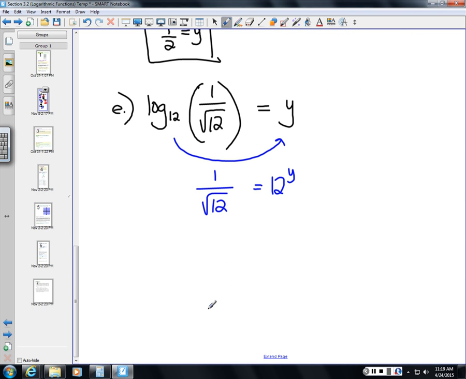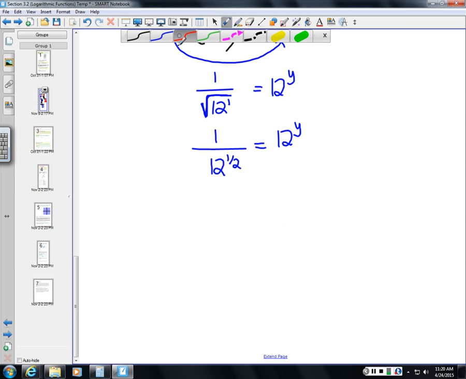Okay, so again, we have a radical. First thing we have to do is take that out of radical form and put it into exponential form. So we know from the previous example that if we have a square root, since that's 12 to the first power, this is 12 to the 1/2 power. Square root equates to a 1/2 power. And now, again, they're still not quite equal.